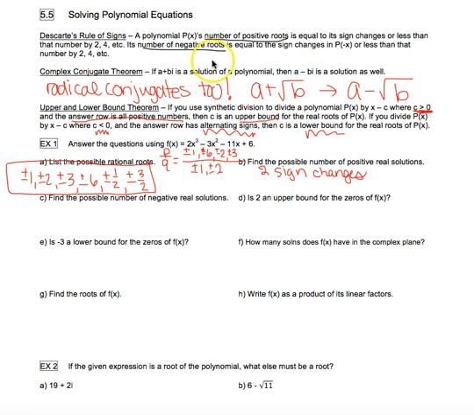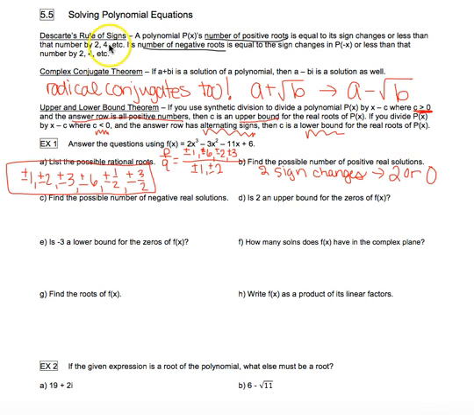And what Descartes tells us is that the number of positive real roots is either equal to its sign changes, so that means 2 real positive solutions, or less than that number by 2, 4, 6, 8, and so on and so forth. So if I take 2 and go less than that by 2, I get 0.